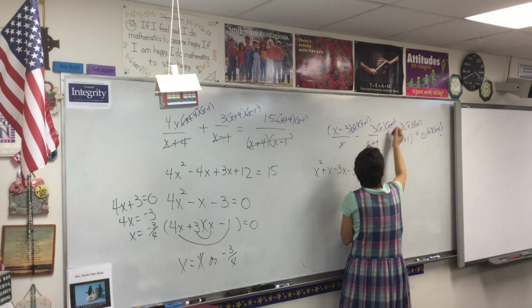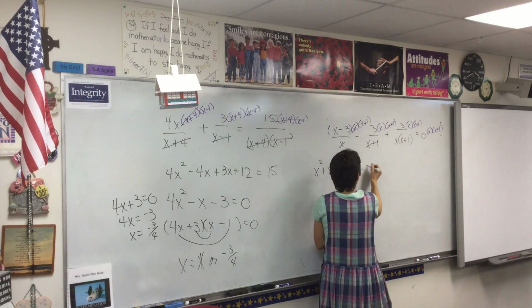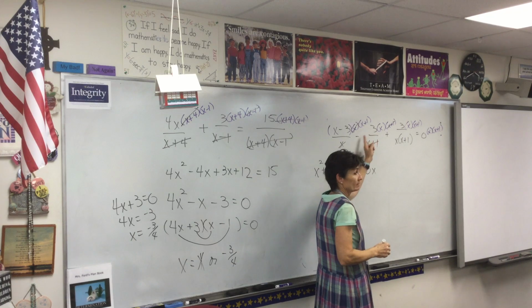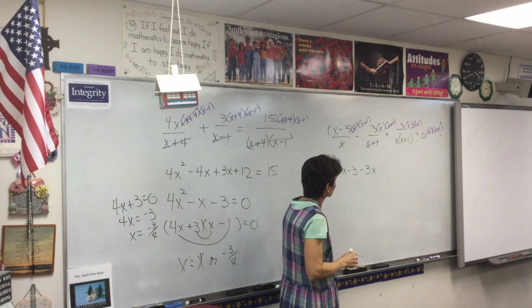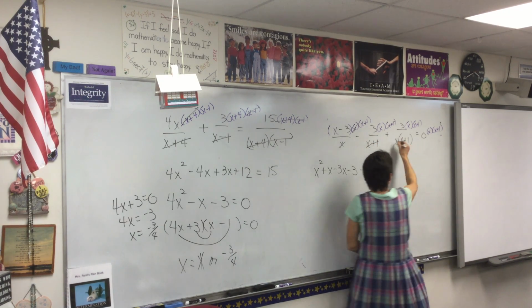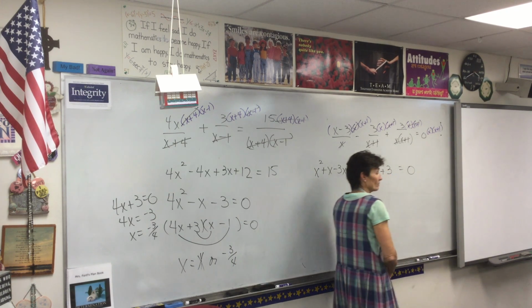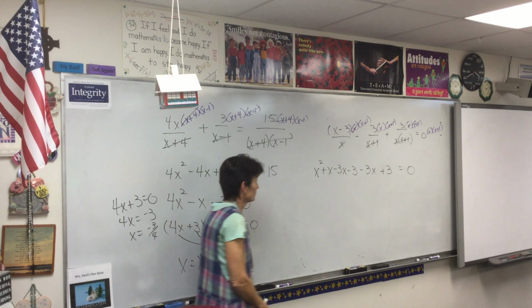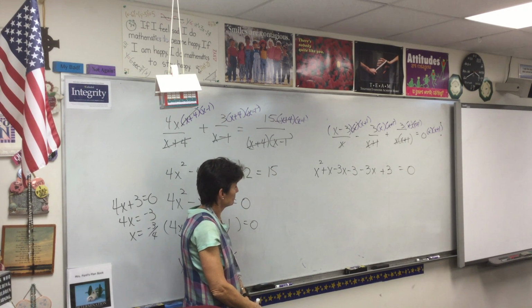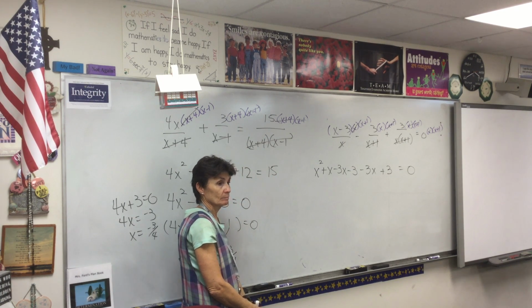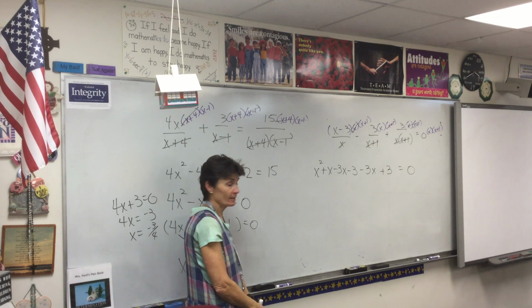Here we're going to cancel and be left with just minus 3x. Here we're going to cancel and be left with plus 3 equal to 0. Very good? All right, let's clean it up.